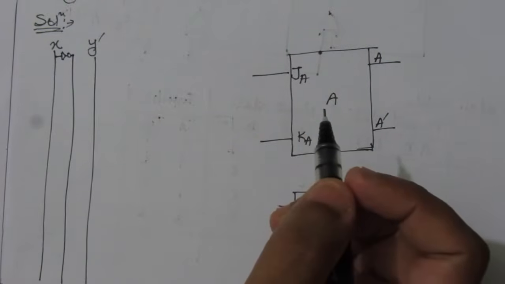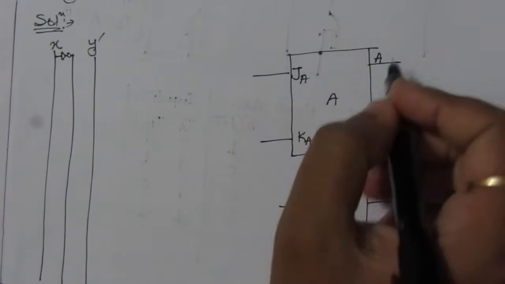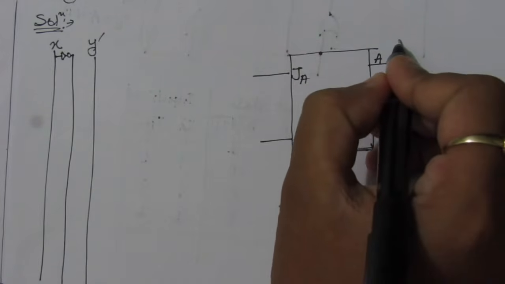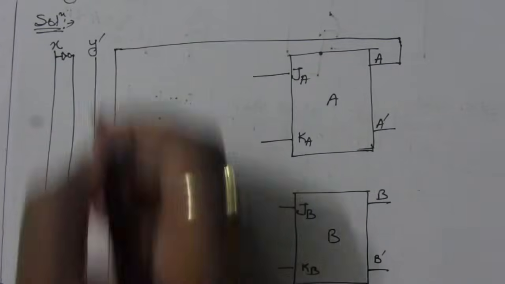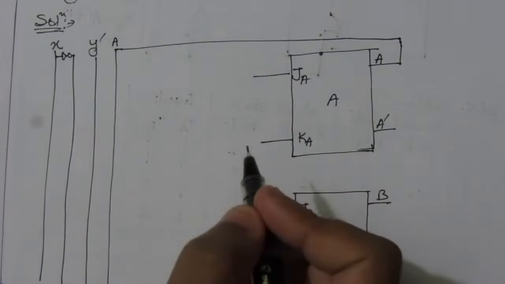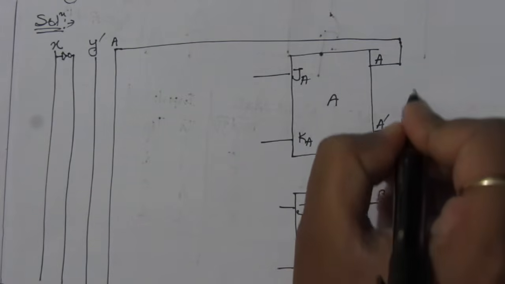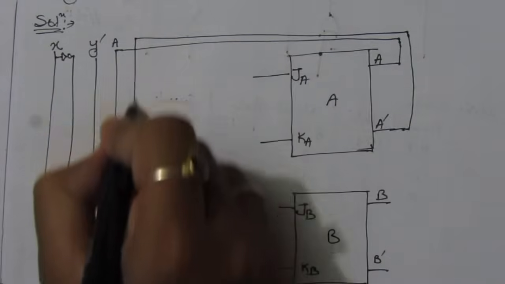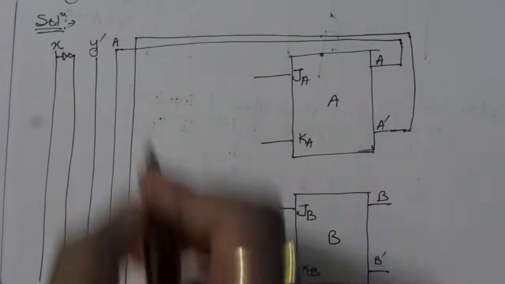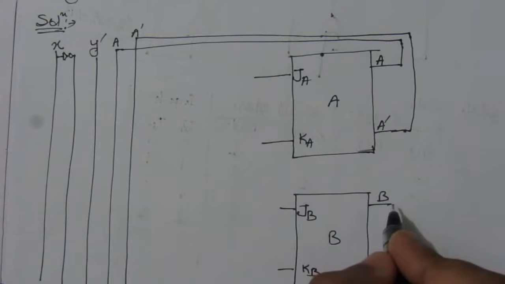Now we will need the A line and the A complement line towards the input. So this line is for A. Next we have this A complemented line. Next we have the B input line.